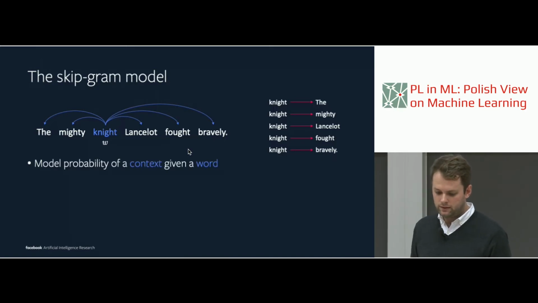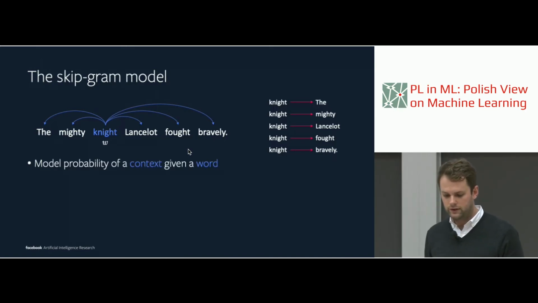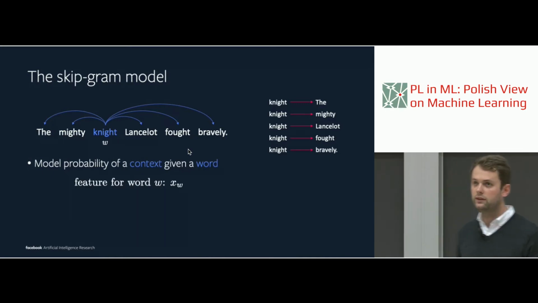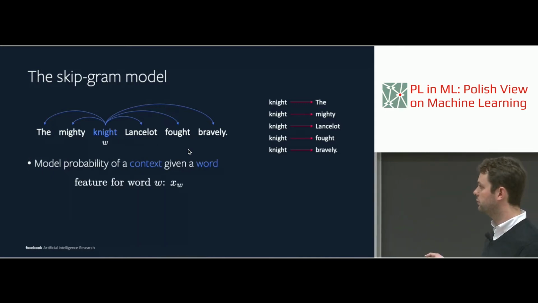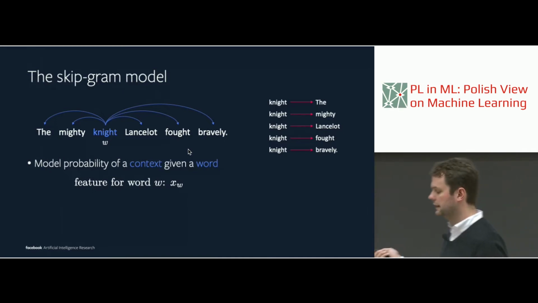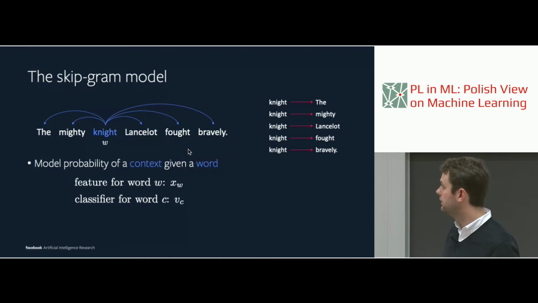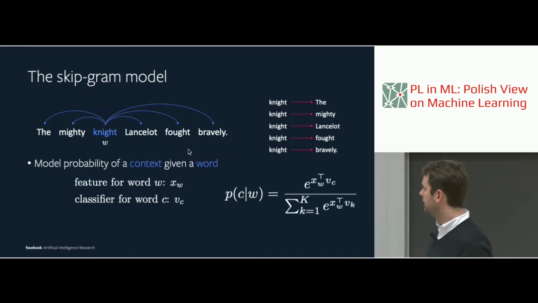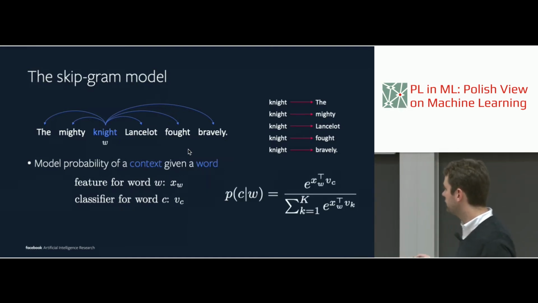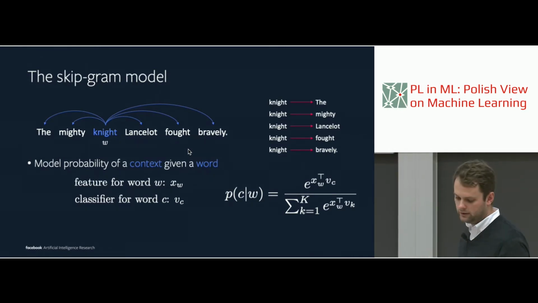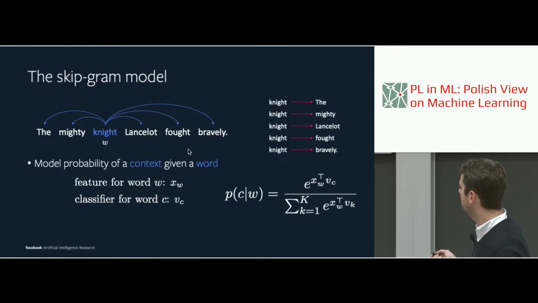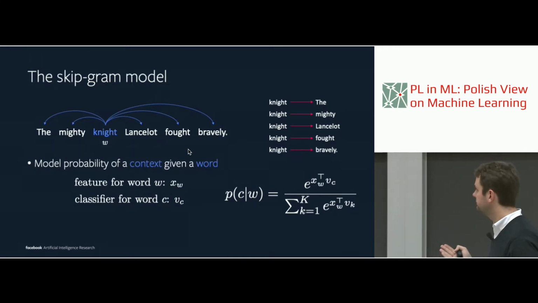So in this model, you model the probability of a context given a word. So you define a feature for word W, we're gonna call it x_W. You define a classifier for the context word C, and you call it v_C. And you say that the probability of the context word given the word is gonna be the softmax of the dot product between the feature and the classifier.